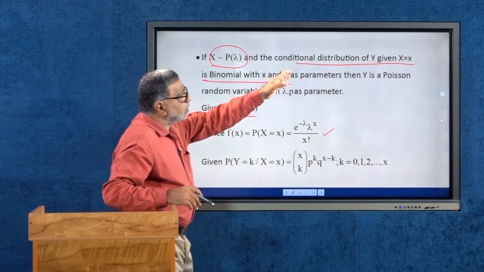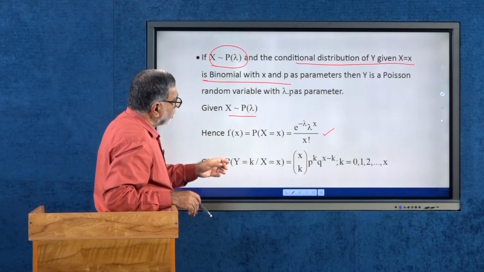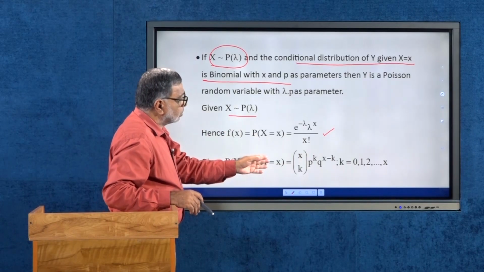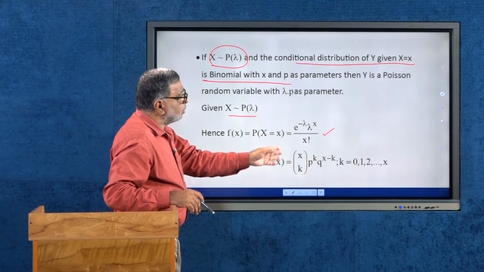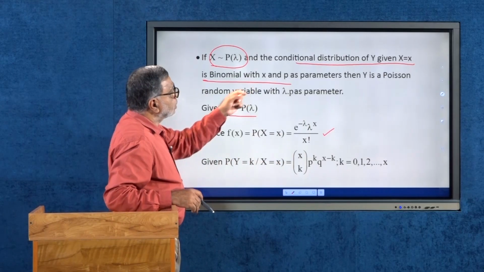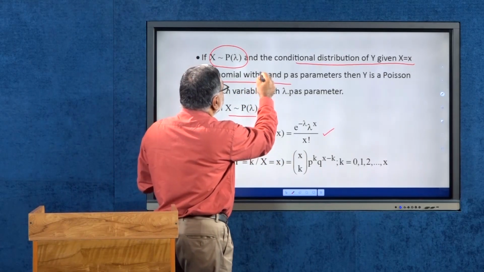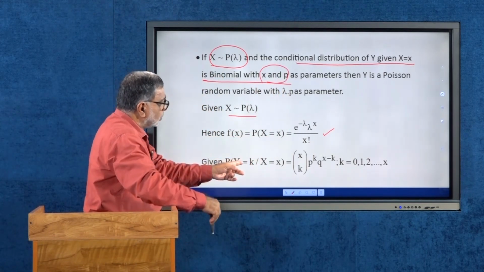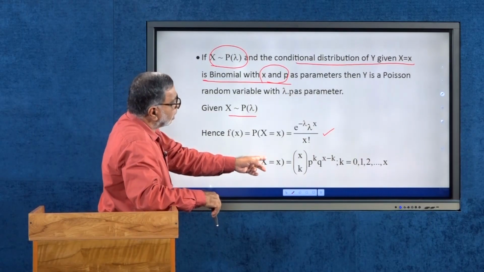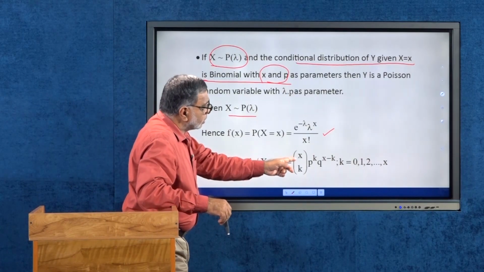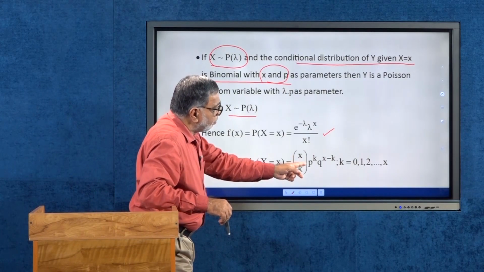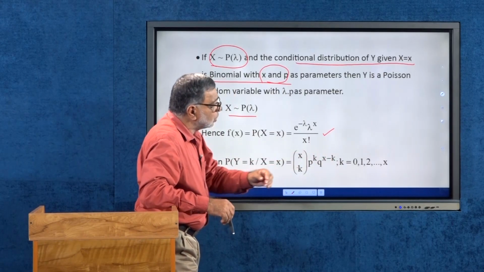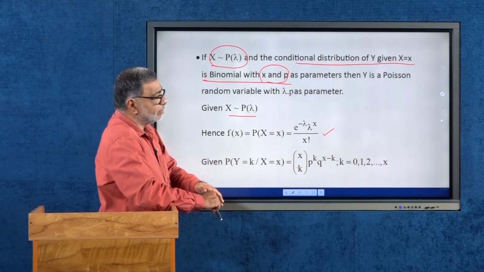And what about the conditional distribution? You are given that the conditional distribution of y given x is a binomial distribution with x and p as the parameters. So, probability of y is equal to k given x is equal to x c k p power k q power x minus k, where k is equal to 0, 1, 2 etc. up to x.